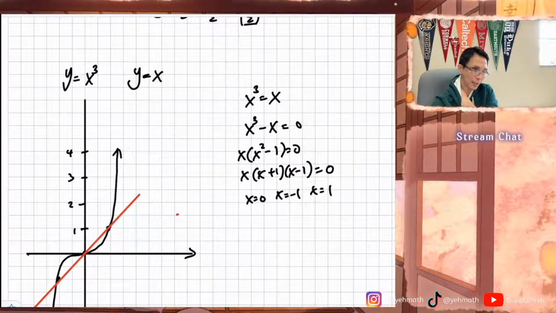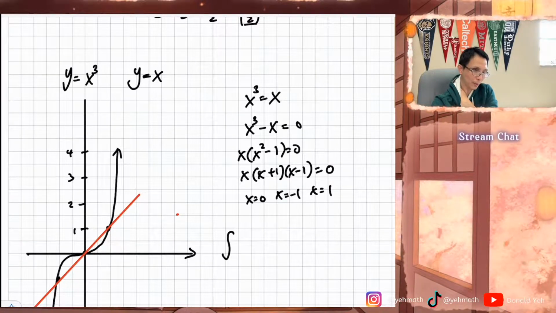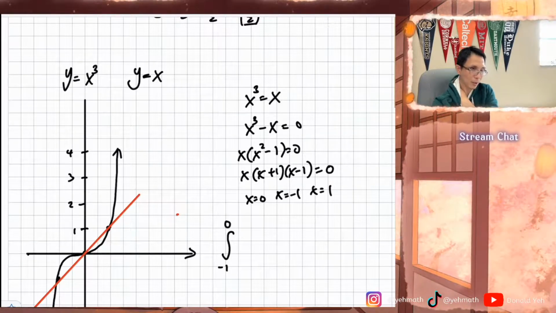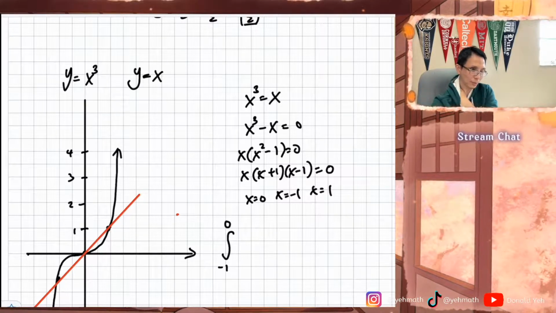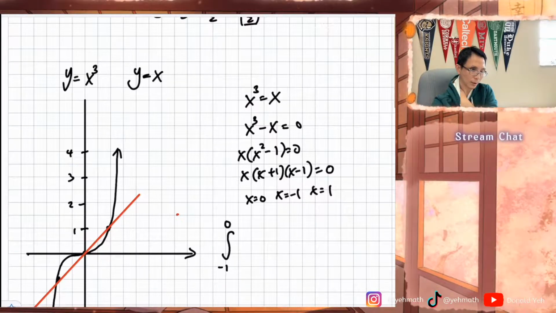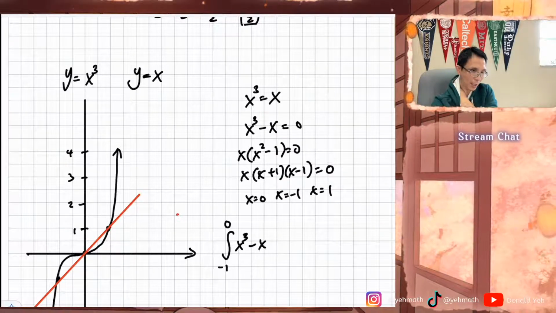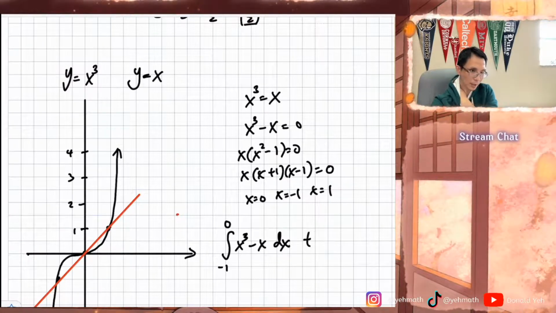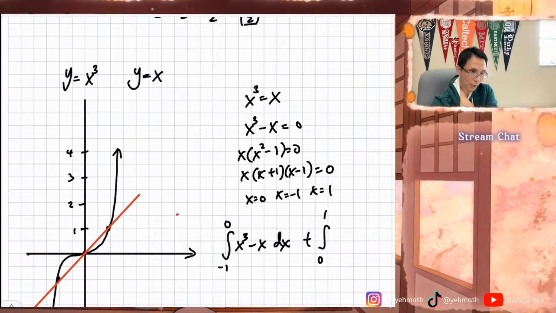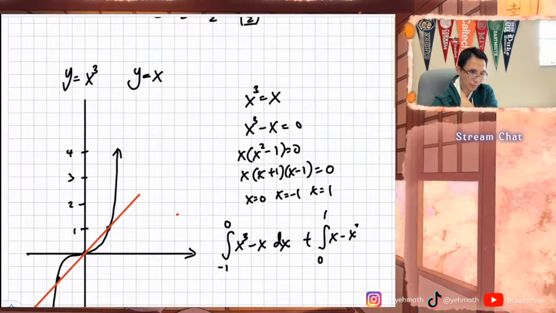So in this case, if I'm going to set up 2 integrals, I'm going to go from -1 to 0. What's the top part of the graph? For -1 to 0, it's the integral of x cubed minus x dx, plus the integral from 0 to 1 of x minus x cubed.